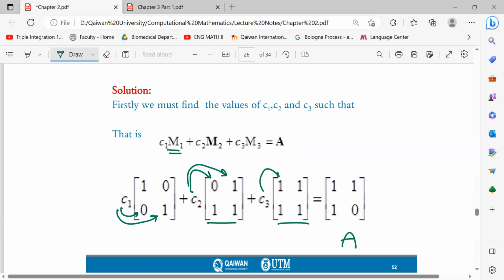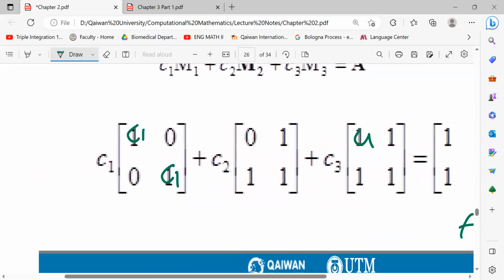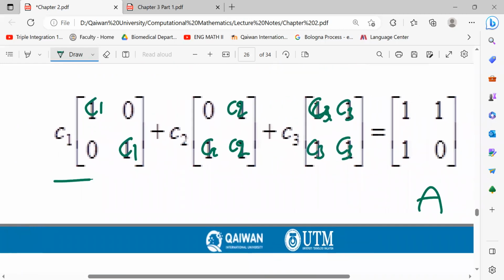Let's see what we get. If you multiply the elements here by C1, we get C1, C1, C1, C1. These are the C2, C2, C2, C2. C3, C3, C3, C3.